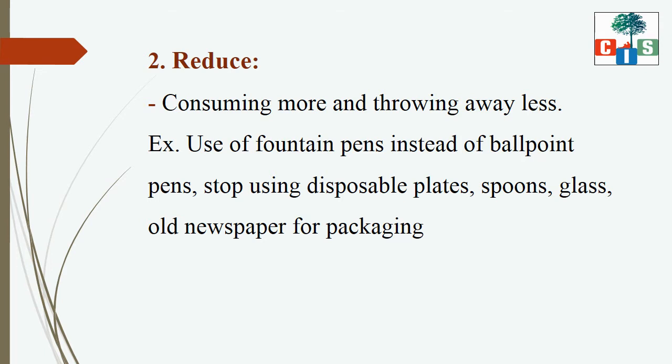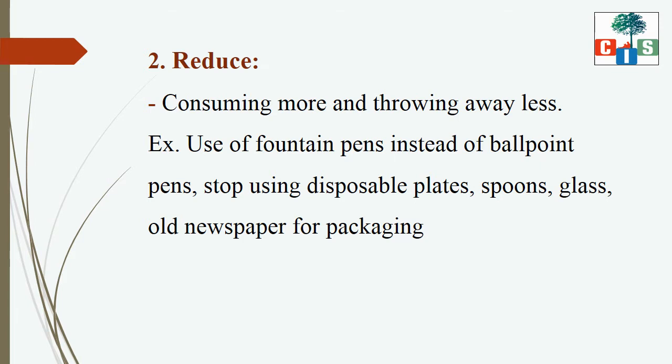For example, use of fountain pens instead of ballpoint pens, because after finishing the refill, or if it is a use-and-throw pen, then after one use we just throw it and it becomes waste.